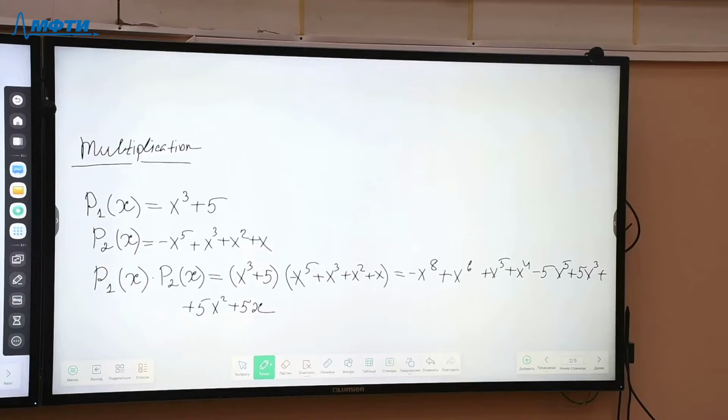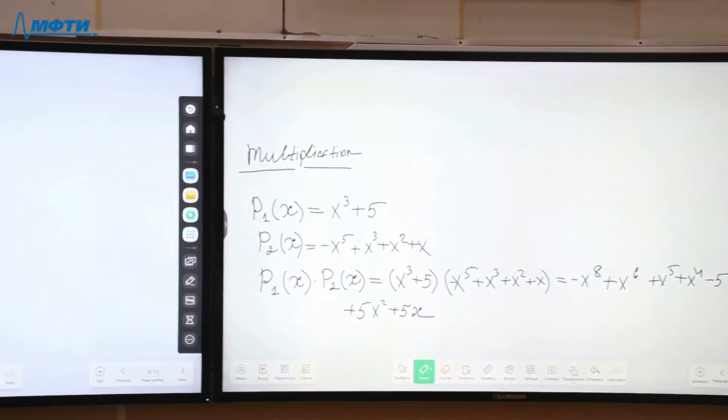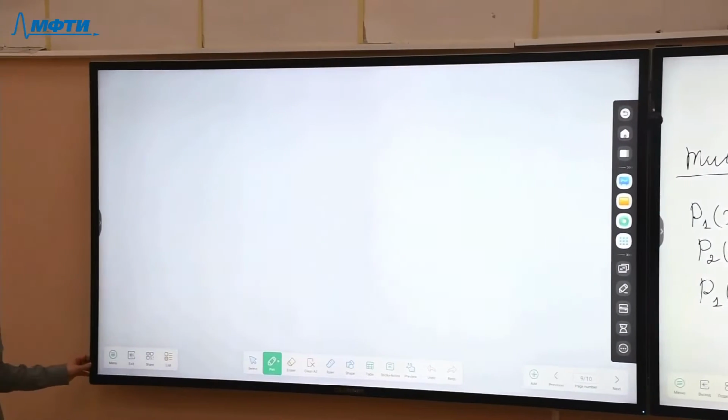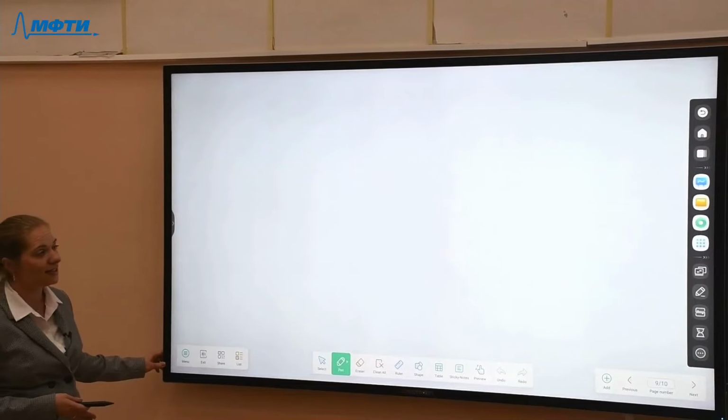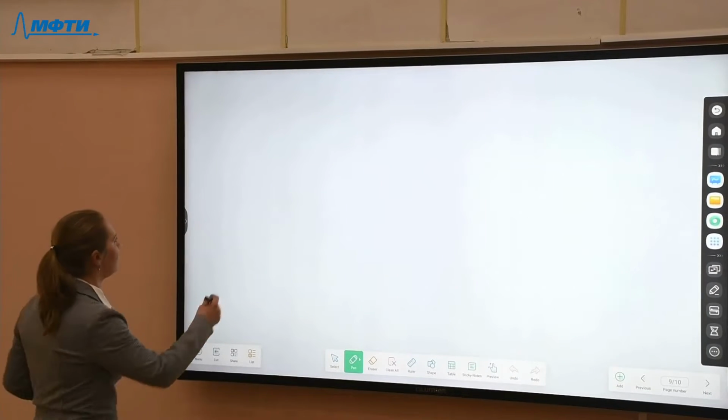Well, again, very easy. And now let's talk about division of two polynomials. If we want to divide one polynomial by another polynomial, it is a little bit more complicated than addition and multiplication.